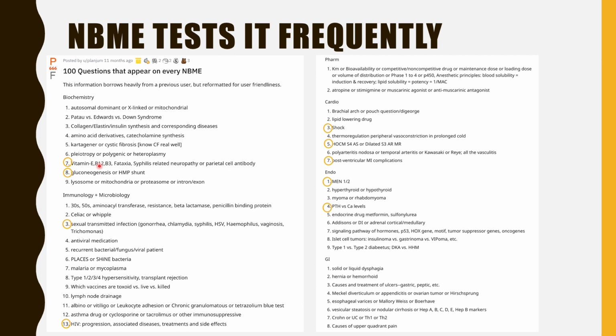There's prep material like Sketchy called Pixorize, but for biochem. This is a good way to memorize vitamins. And gluconeogenesis or HMP shunt, this one is very high yield, and I got questions on glycogen storage diseases as well. Okay, so don't forget these. I didn't get a lot on lysosomes or anything.